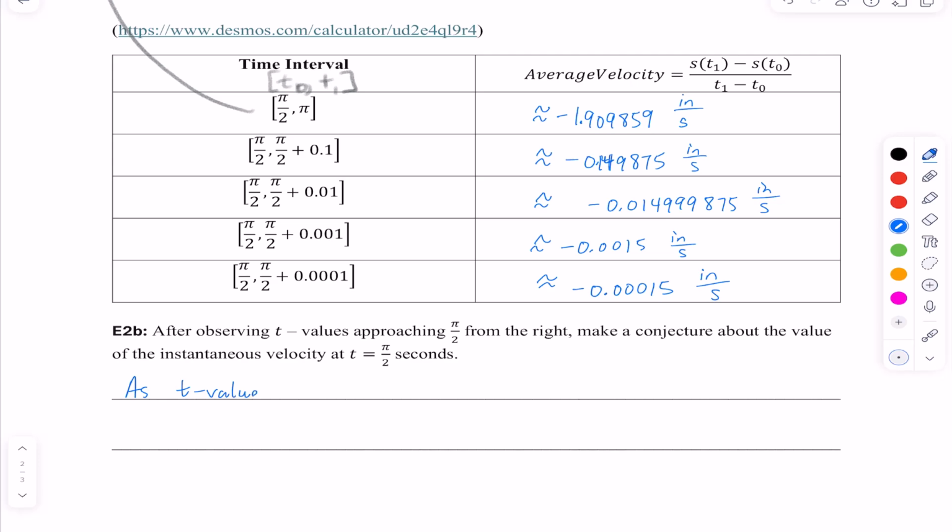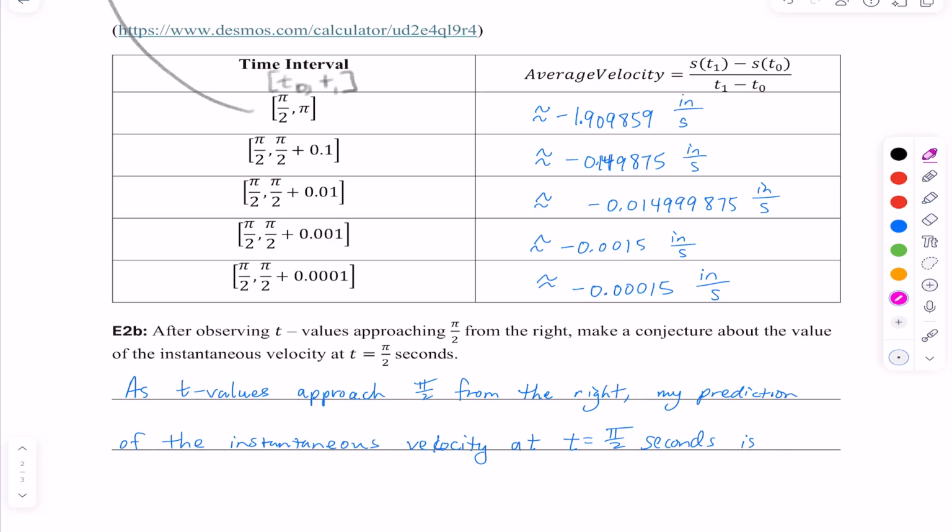So as t values approach pi over 2 from the right, my prediction of the instantaneous velocity at t equals pi over 2 seconds is 0 inches per second.